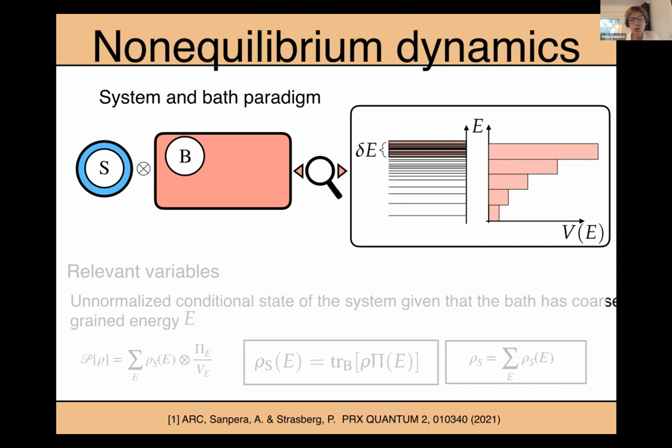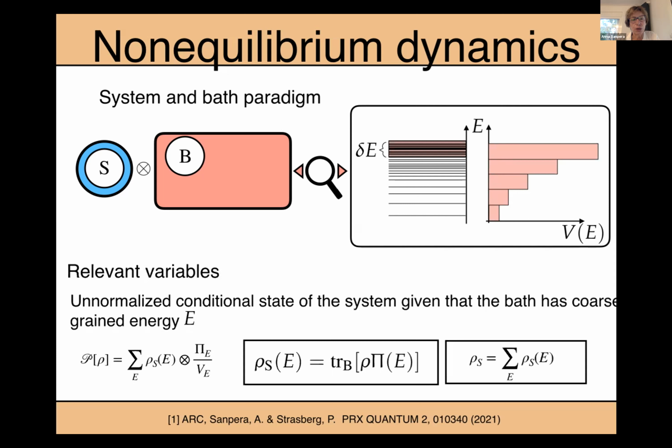So now, in order to do our description, we consider a normalized conditional state of the system, given that the bath is at some given energy E. Our initial state will be a correlated state that depends on the energy of the bath.